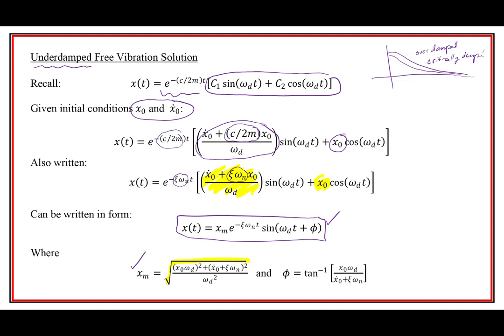Under that amplitude, but also shifted by this inverse tangent of those two pieces. And hopefully that shows through right in there. Oh yeah, okay, so here's the XO from up there, right? So there's that XO. It ended up down here. Yeah, so that works out.